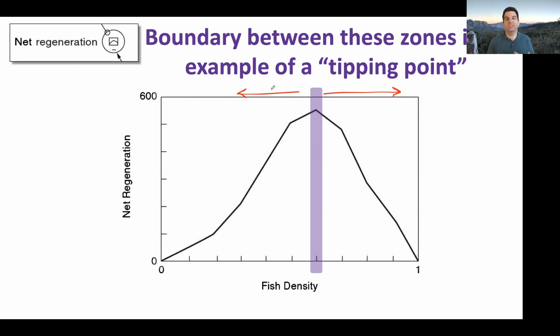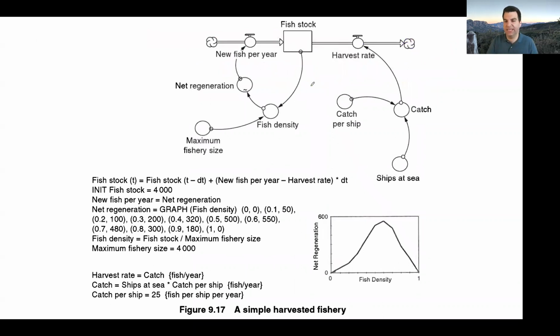So the conditions get worse and worse and worse for fishing over time. We would like to make sure we are fishing on the right-hand side, but we want to make sure we don't fish so much that we move over into the left-hand side. This point here is what we're going to end up calling a tipping point. I'm going to get into that definition in a second.